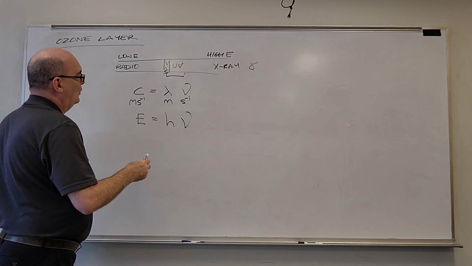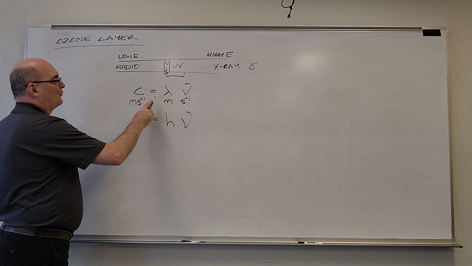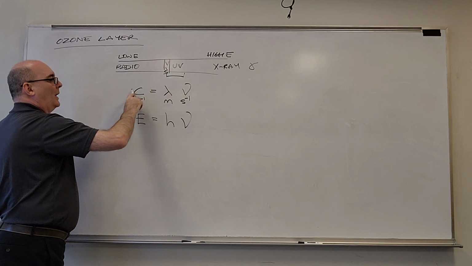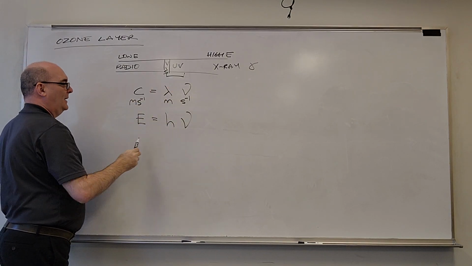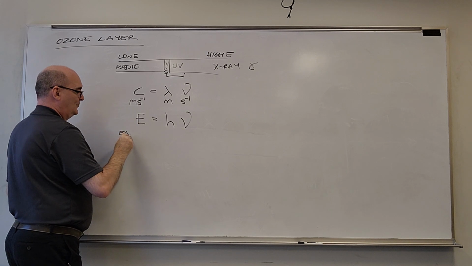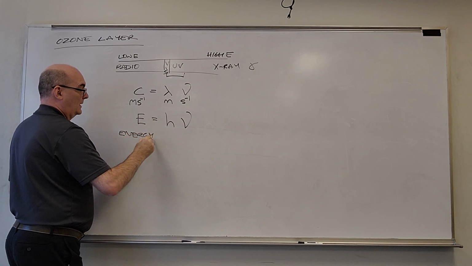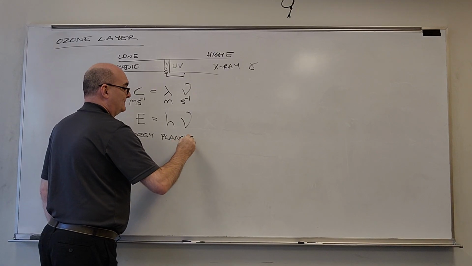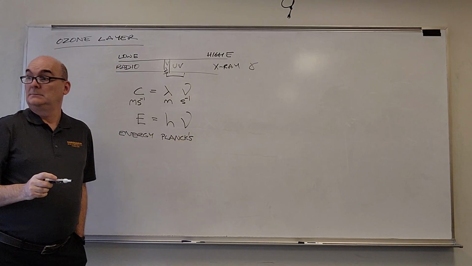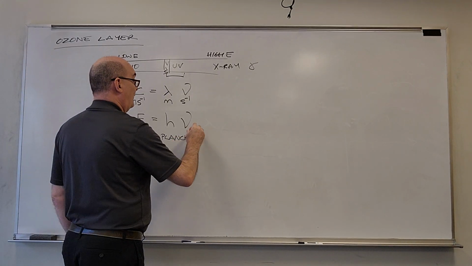So what we have to do is rearrange this top one and substitute wavelength in for here. So energy equals h nu, where h is Planck's constant, and nu is frequency.